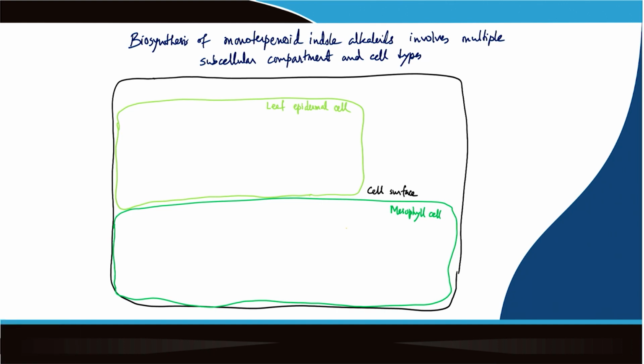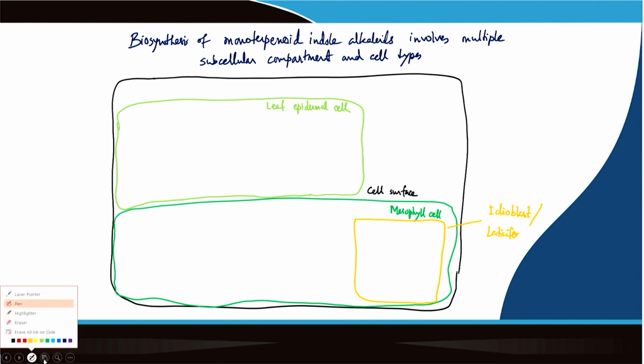One is the idioblast or laticifer, and also you have one specific cell which is called phloem parenchyma.